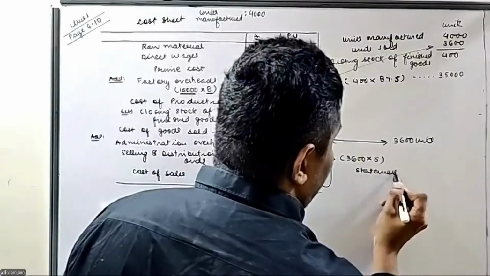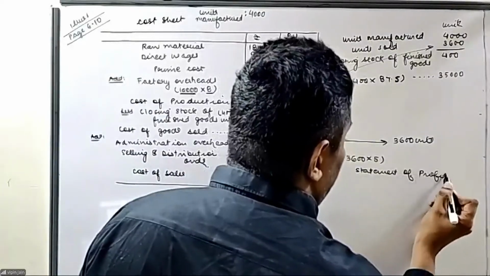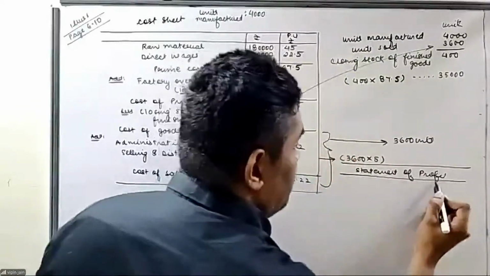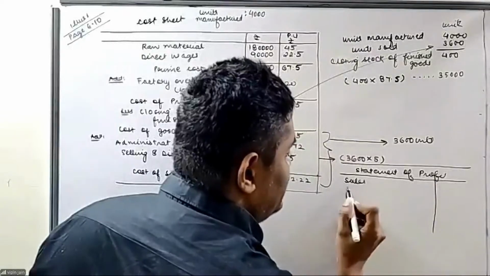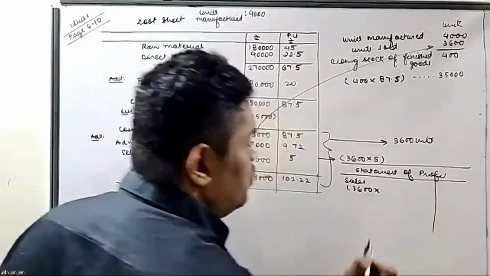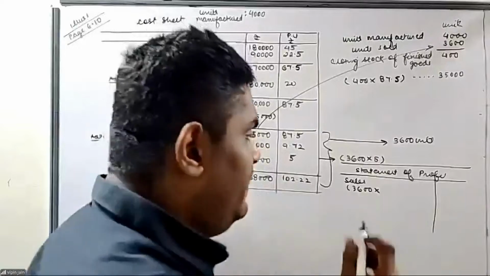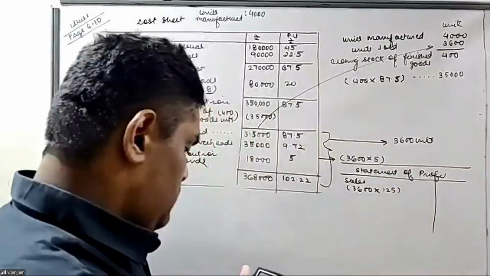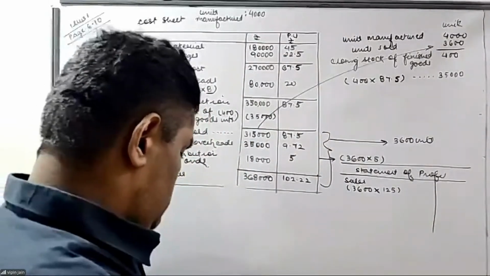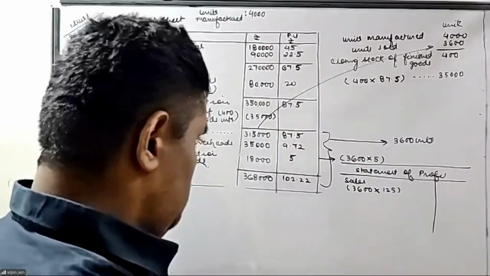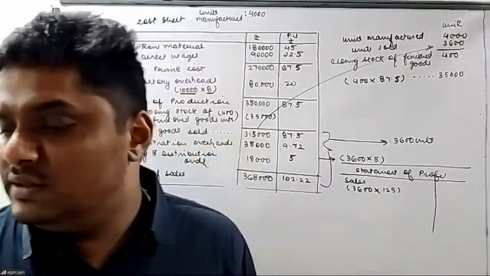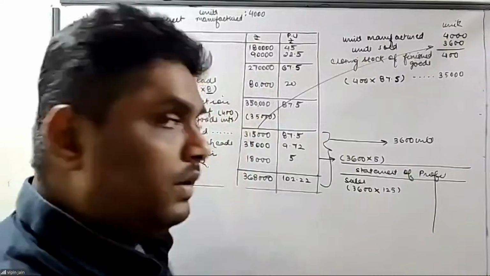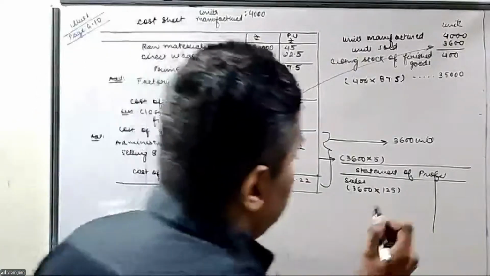We can calculate this. We can prepare the statement of profit also here. Wherein the sales is given, that is 3,600 units are sold at the rate 125. So this will be 4,50,000.